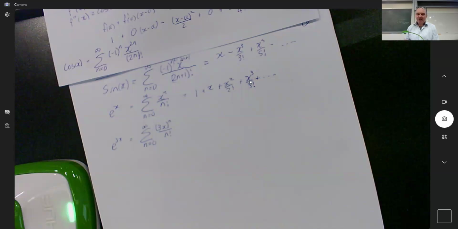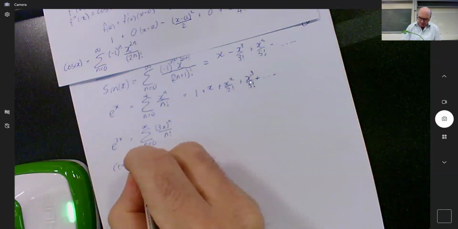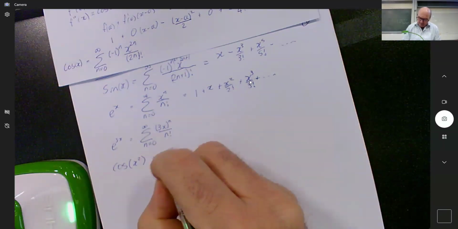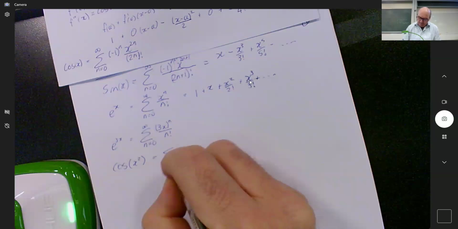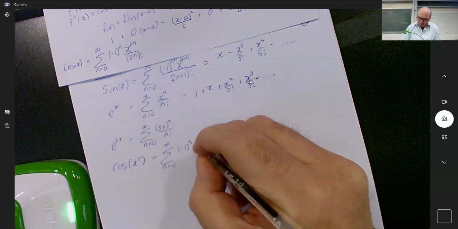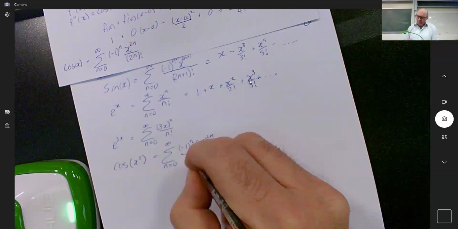And there's nothing stopping me doing, like, cosine of x squared. And so that would be the sum from n equals 0 to infinity of minus 1 to the n, and then this bit is just x squared to the 2n over 2n factorial.